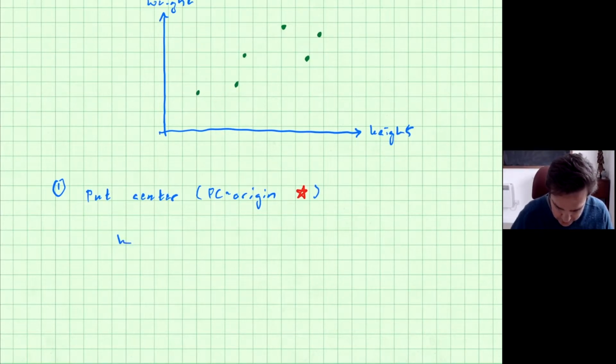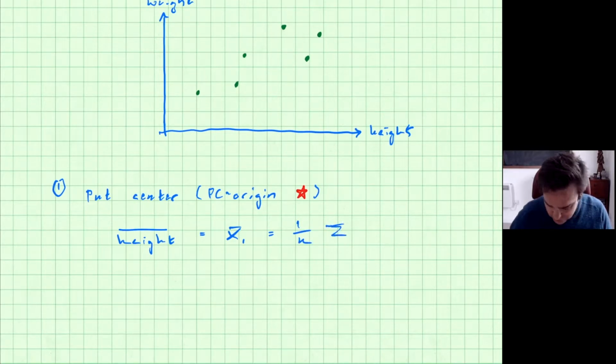It should be at the place of the average height, right? Which is just the x bar 1, sometimes used as a notation, but it looks like this: 1 over n, sum i equaling 1 to n of x row i column 1, right? So the average of all the heights.